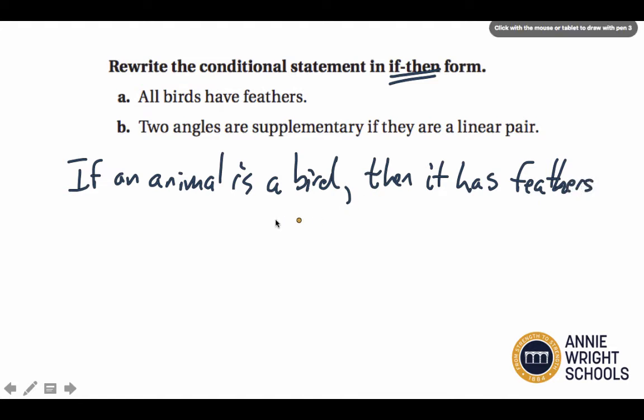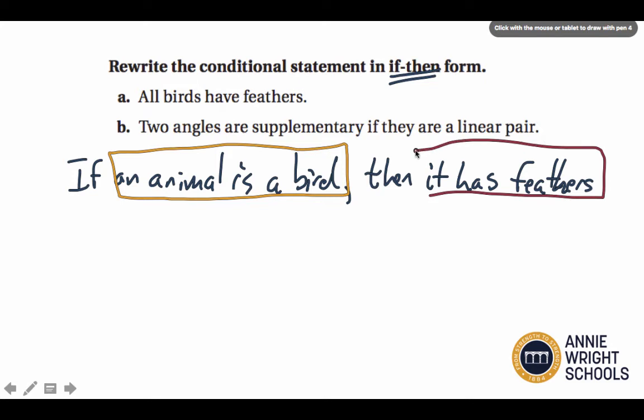So notice we have an animal is a bird, that's the hypothesis. We have it has feathers, or the animal has feathers, is the conclusion. A lot of times we say if P, then Q. P is the hypothesis, in this case the animal is a bird. Q is the conclusion, in this case the animal has feathers.